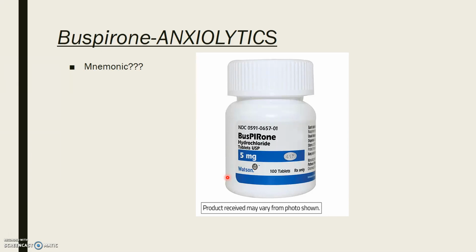In contrast to benzos, it does not cause sedation. Because GABA is not involved, there is no sedation and no significant withdrawal effect, and it has very little addictive potential. The serotonin involvement may even make it a better choice for those who have coexisting anxiety as well as depression.